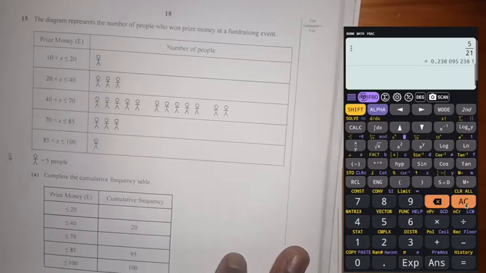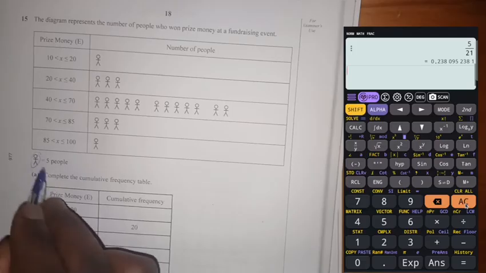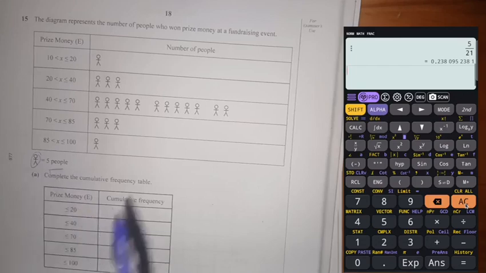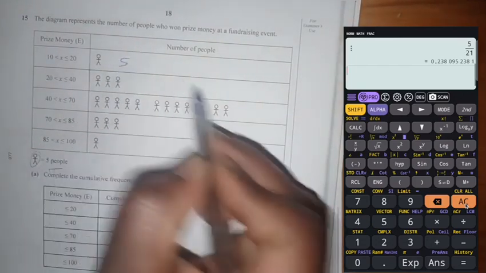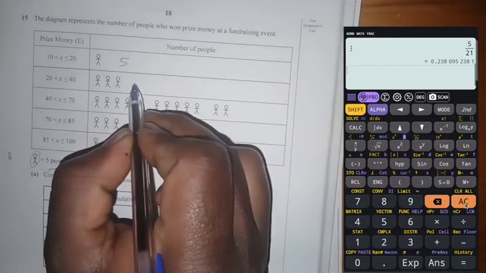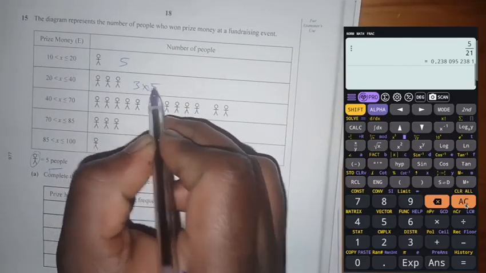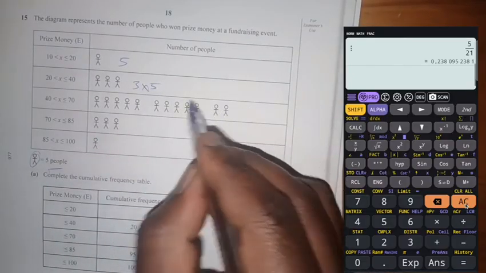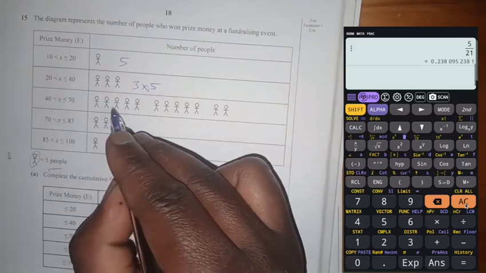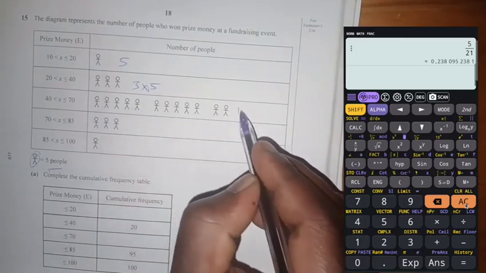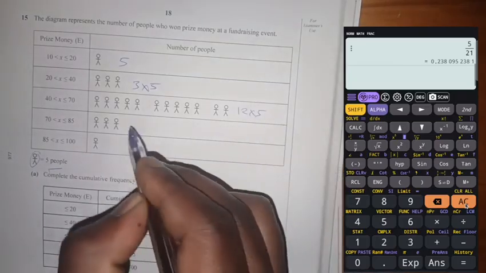Statistics. You are given a frequency table here, and you are told from the key that this statue represents 5 people. So here you have 5 people. For this one you have 1, 2, 3, 4, 5, up to 12 times 5 people.